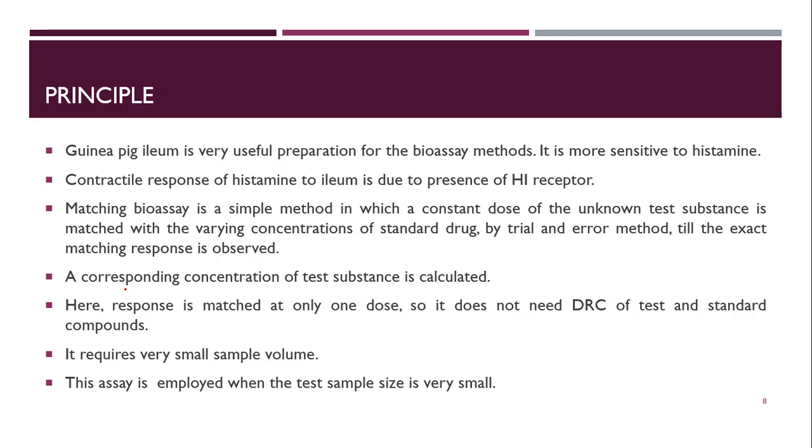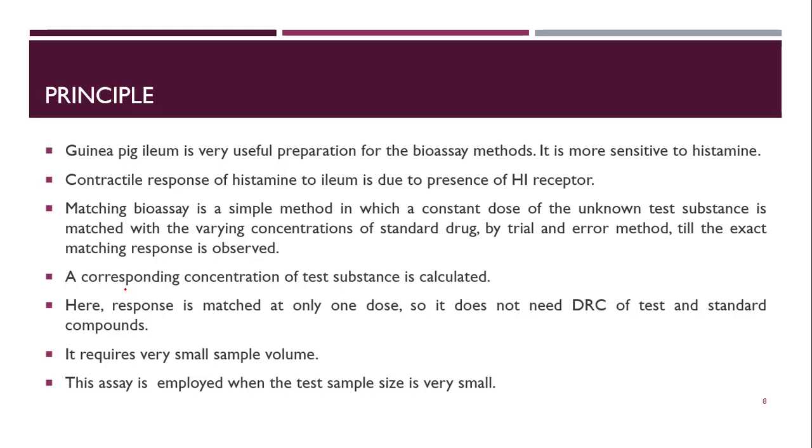We won't always get an exact match. If we get an exact match, then it is a better option. But if we don't get an exact match and there is a slight difference between the two responses, then we can still consider it. Okay, so this is an actual real life example. A corresponding concentration of test substance is then calculated.